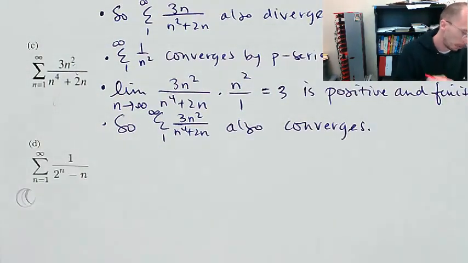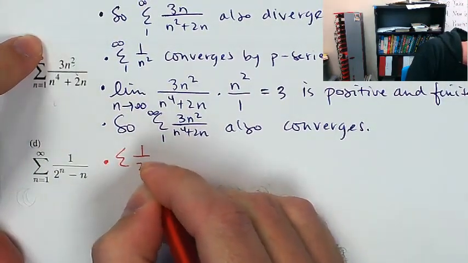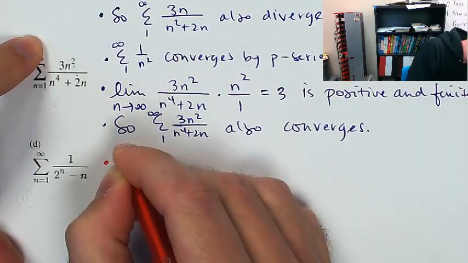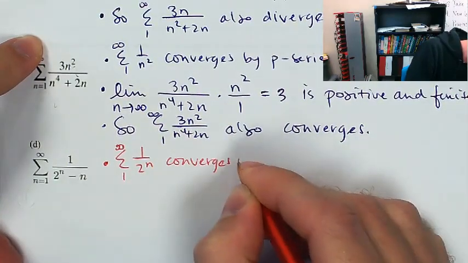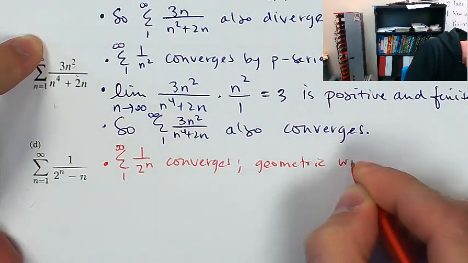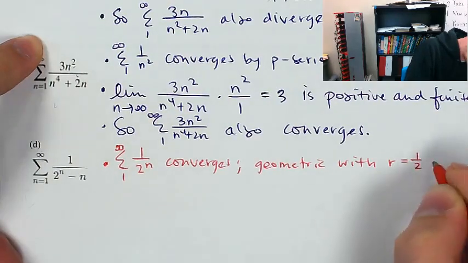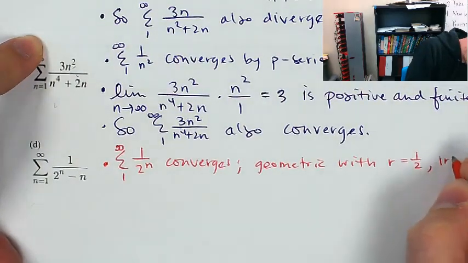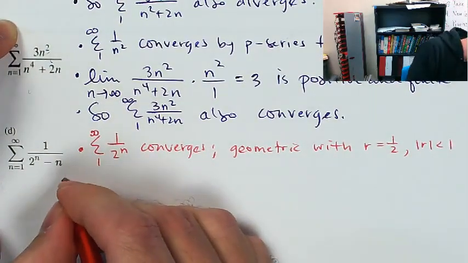Maybe I'll change the color, because this one is going to be limit comparison, but it's a little different, right? I know that 1 over 2 to the n converges. It's geometric with r equals 1/2, absolute value of r less than 1. Now I'm going to compute the limit.